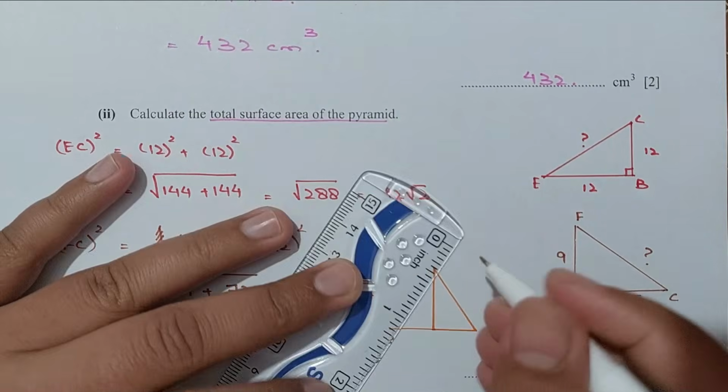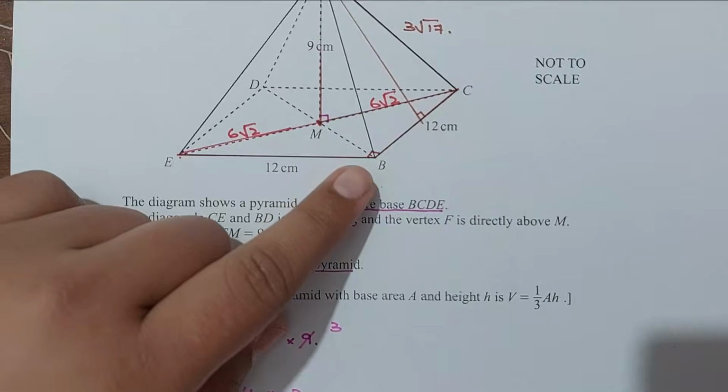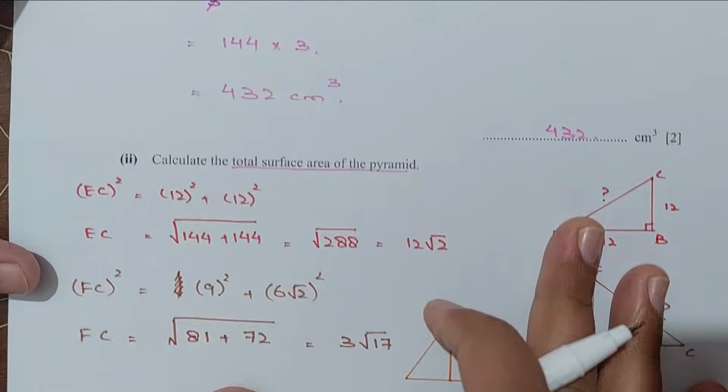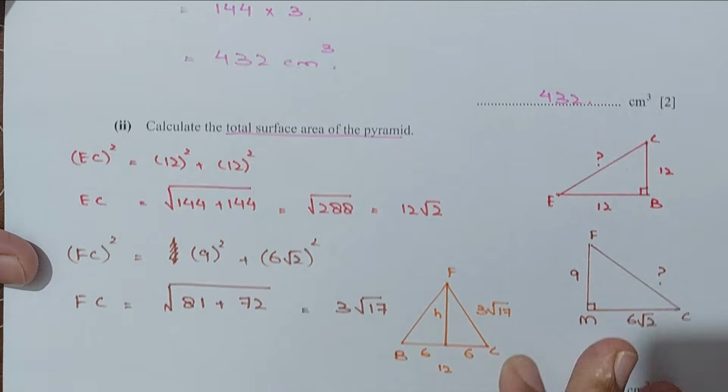Let me extend and show you exactly what I'm going to do. I am working with this triangle B, F and C. We have FC, which is 3 root 17. We have BC, which is 12. So this side is 6, this side is 6, to make it 12. Let me work for the height of this triangle.